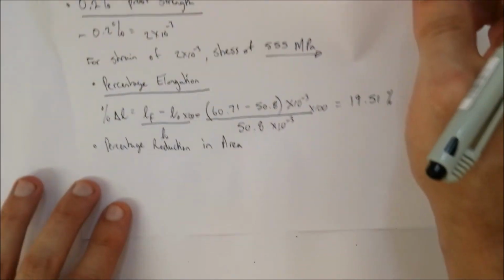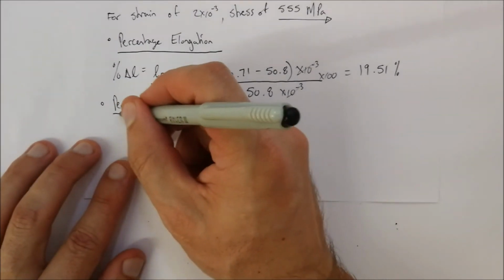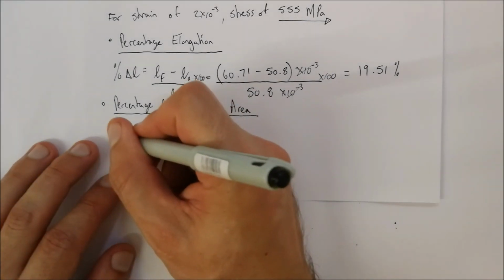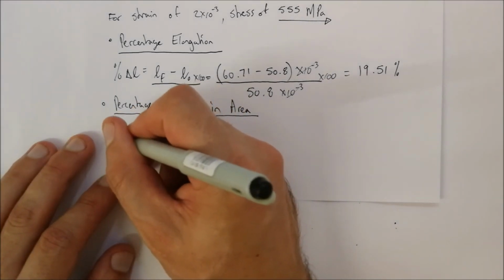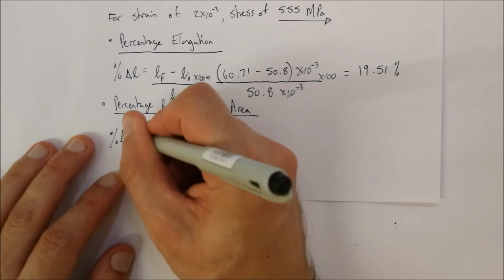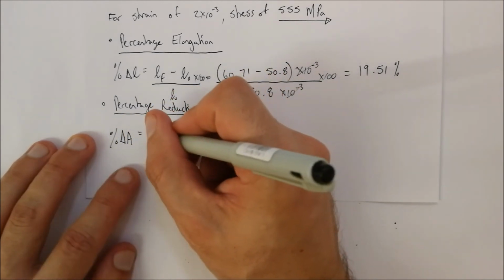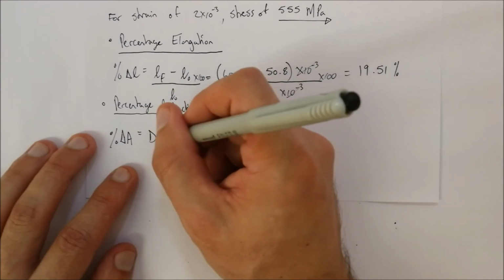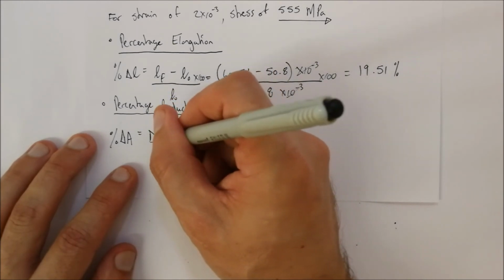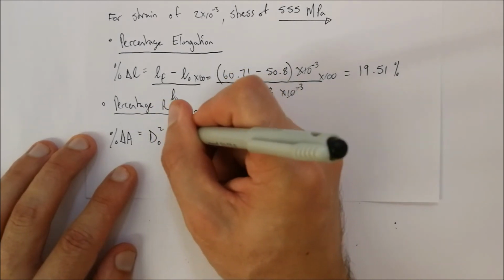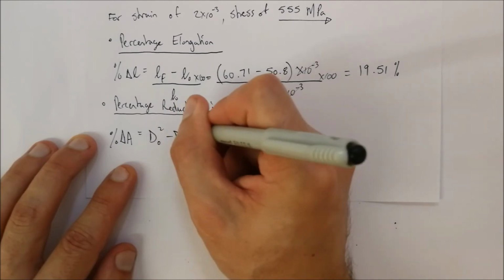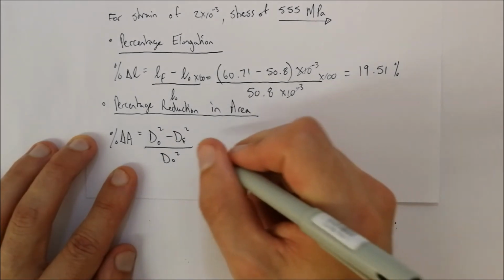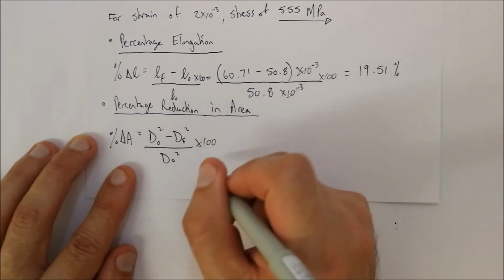Okay, alright, so remember that the percentage of the change in area is equal to the original diameter squared minus the final diameter squared, divided by the original diameter squared, multiplied by 100.